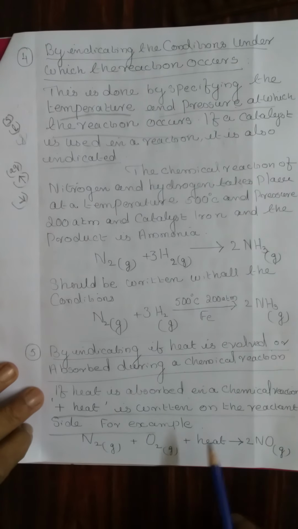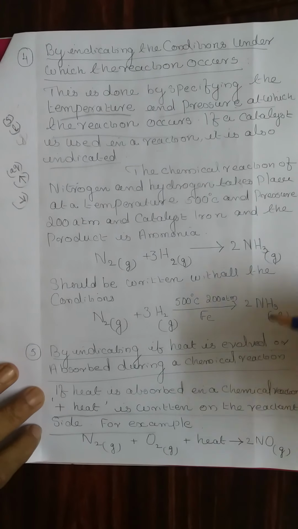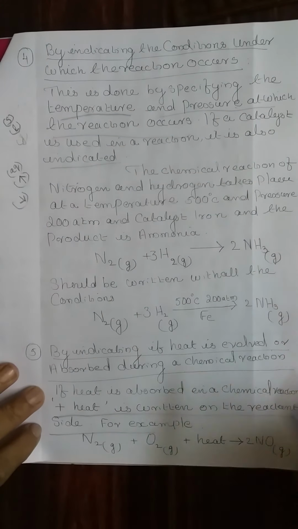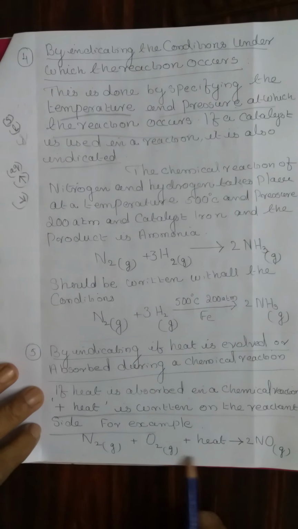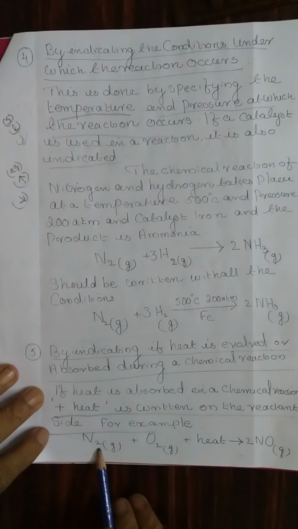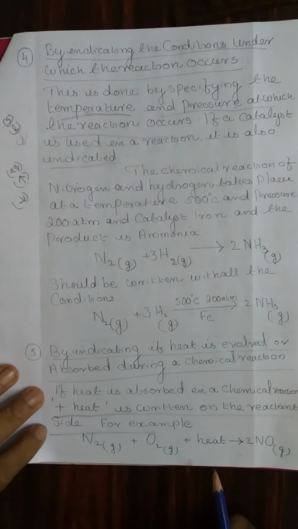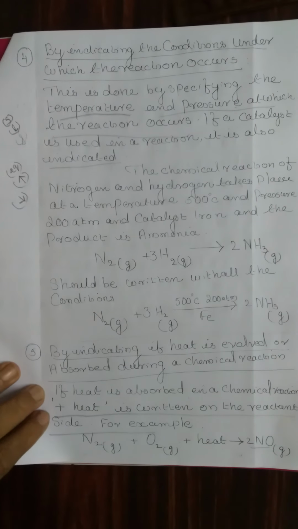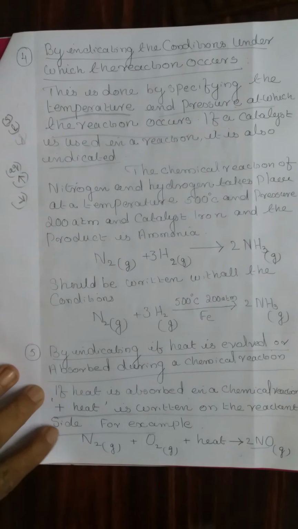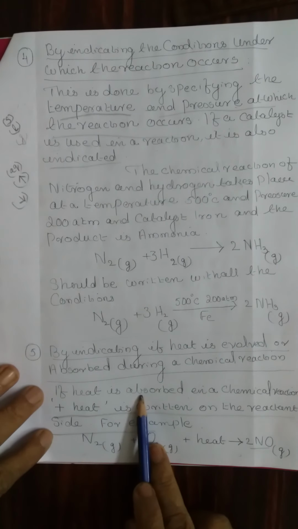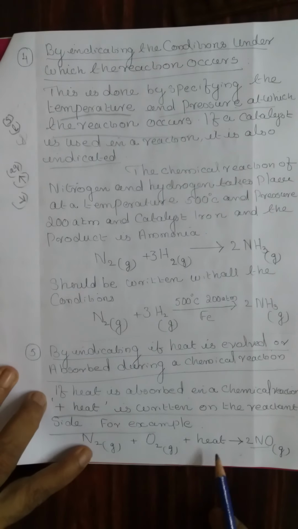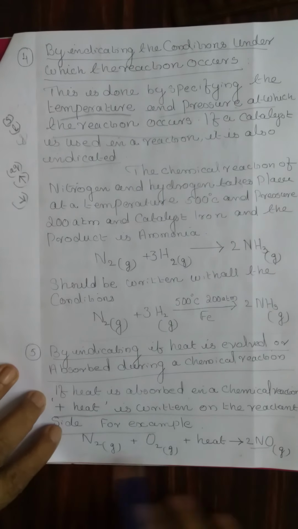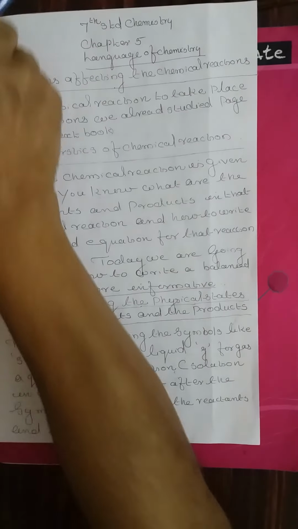That means if we heat a substance, you add plus heat along with the reactant. For example, nitrogen combines with oxygen and forms nitric oxide. In that reaction, unless we supply heat, this chemical reaction will not take place. Therefore, write this equation and write that since heat is absorbed, that means nitrogen and oxygen absorb heat, that is why this chemical reaction takes place.